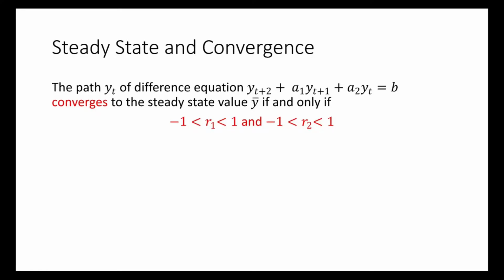What about the convergence of the solutions? Remember when we learned about first order difference equations, we also learned about the convergence of the solution to the steady state value. Here the path of the solution will converge to the steady state value if and only if both the roots are between -1 and 1.